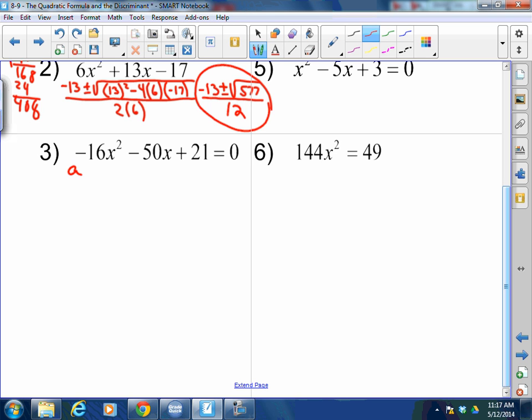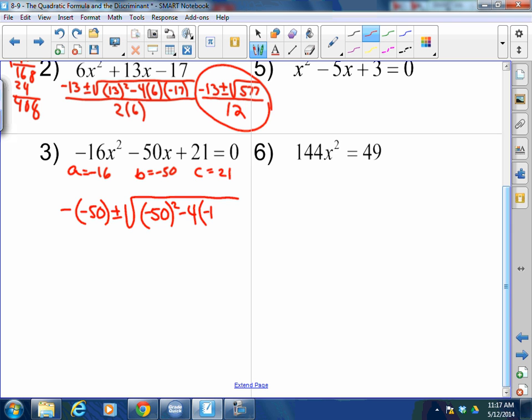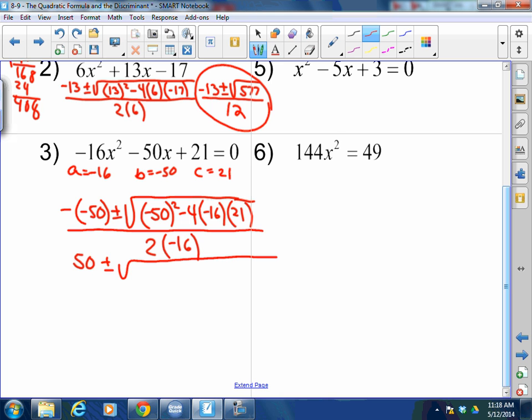Quadratic formula. A is my negative 16. B is my negative 50. C is my 21. Negative B plus or minus square root of B squared minus 4 times A times C over 2 times A. So this is going to be 50 plus or minus square root of 50 squared, which is 2,500.